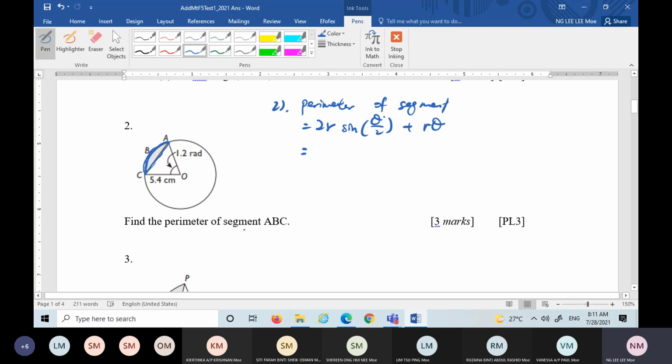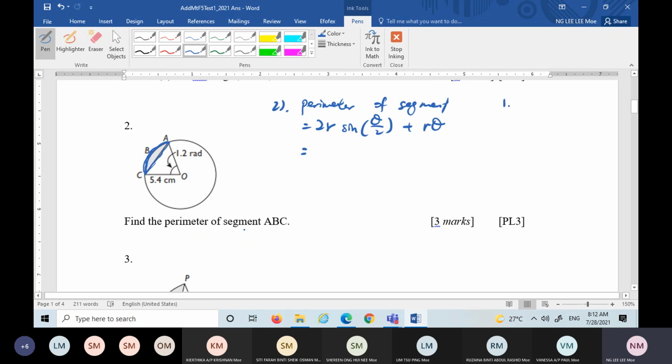But remember, the theta here you get in degree. Just now this is 1.2 radian, so you have to change into degree. If not, you have to change your calculator mode into radian. This one you have to be careful. If you don't change your calculator mode into radian, then this 1.2 radian you got to change into degree.